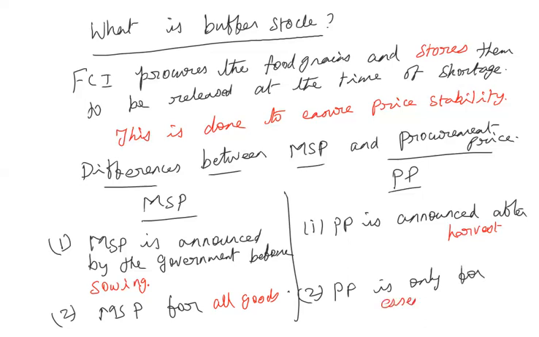See, normally what happens, the FCI announces the minimum support price before the sowing season. But unfortunately, because of erratic climatic conditions, the farmers may not be able to cultivate that crop, or there is not sufficient produce.